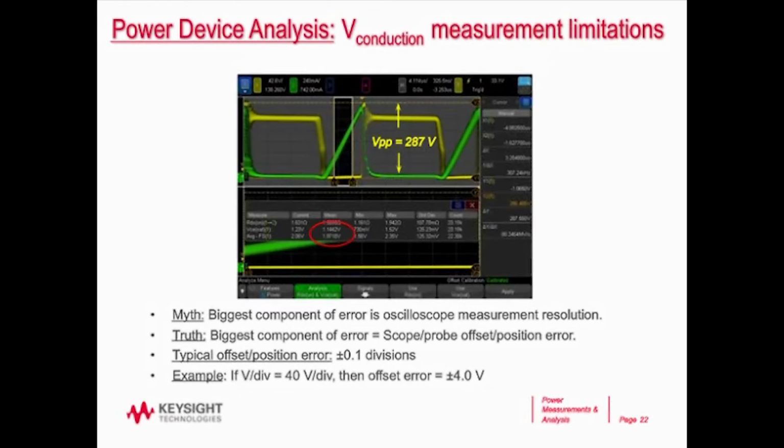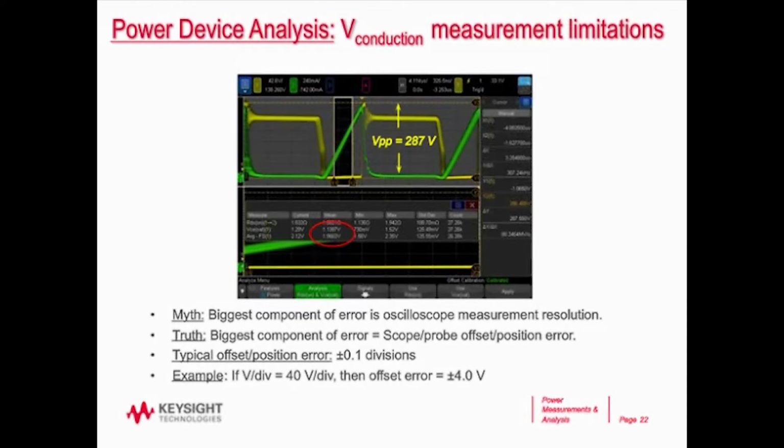The saturation voltage for a high power switching transistor can sometimes be well less than 1 volt. It can be hundreds of millivolts or even tens of millivolts. And even if you're really good and you can cal that out to 0.05 divisions, then you still have plus and minus 2 volts. So this is a big issue with trying to accurately measure the power losses during the conduction phase.